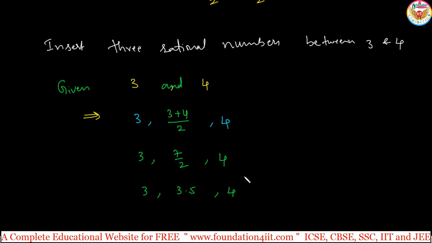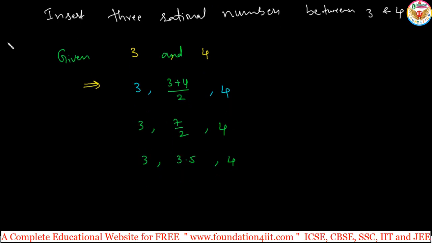Now we need to insert a total of 3 rational numbers. As of now we got only one, 3.5. Now the first one and last one stay as they are, 3 and 4. In between 3 and 3.5 we'll find one more: 3 plus 3.5 by 2.